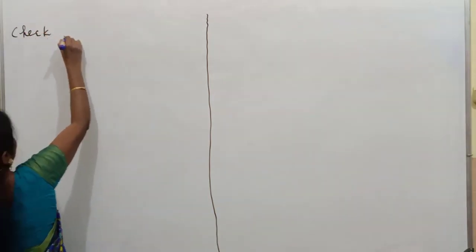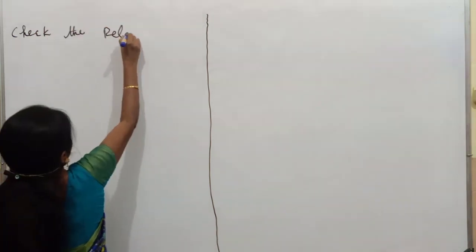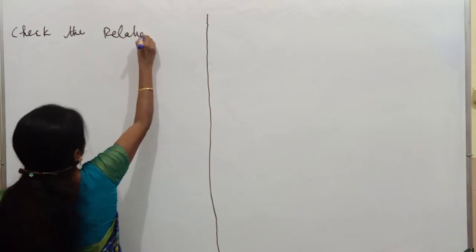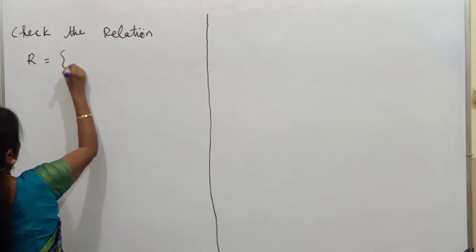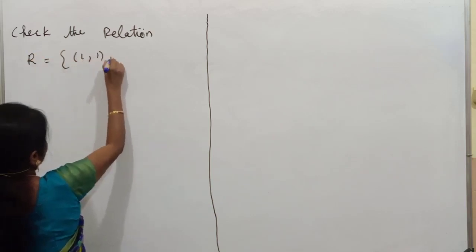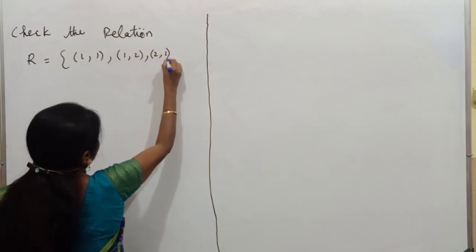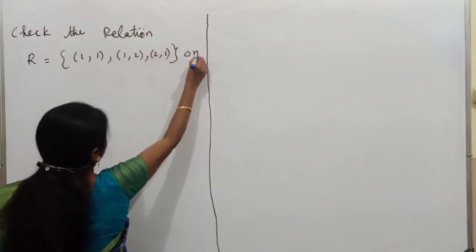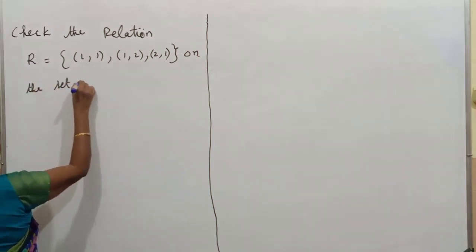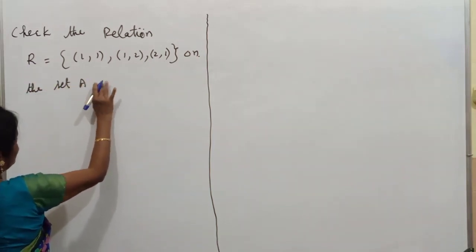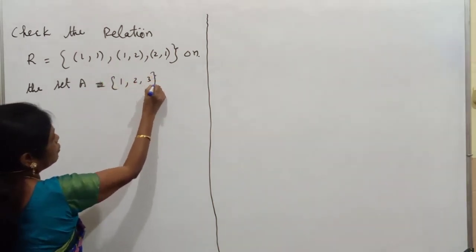Check the relation R = {(1, 1), (1, 2), (2, 1)} on the set A. A can be {1, 2, 3} or {1, 2} itself.